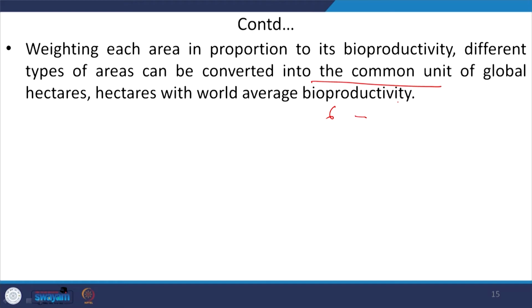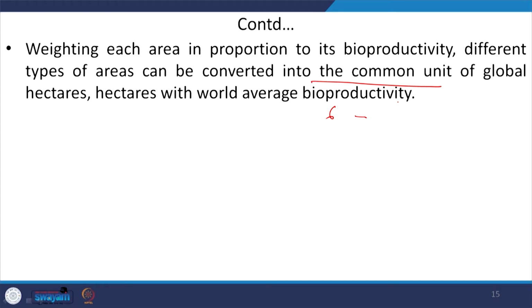And another assumption it is making is that by weighting each area in proportion to its bioproductivity, different types of areas can be converted into a common unit. Why are we assuming this common unit concept? Because we have taken into account these 6 subsystems, starting from cropland to built-up land to carbon, and the units would obviously be different, as they are measured in different units.